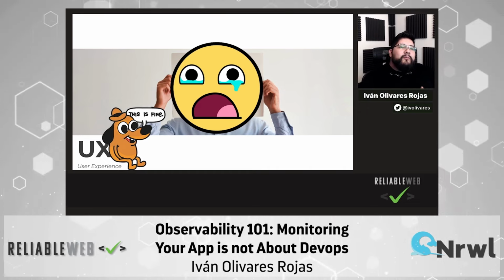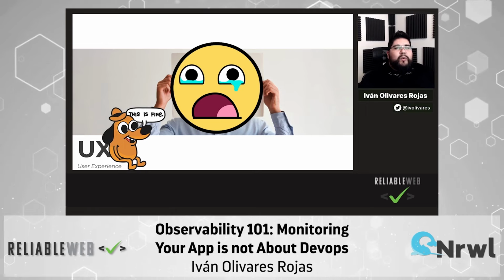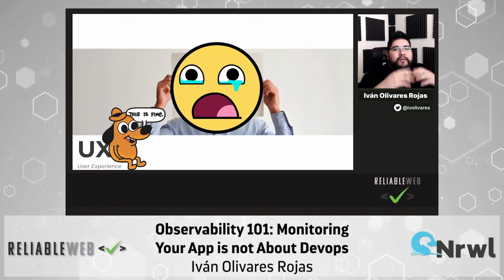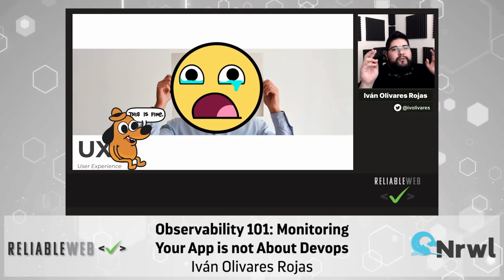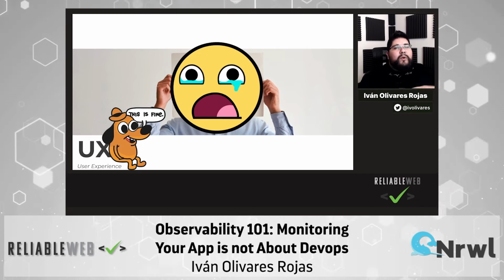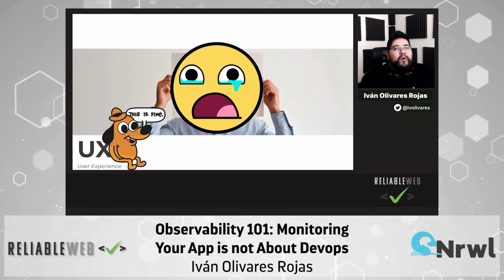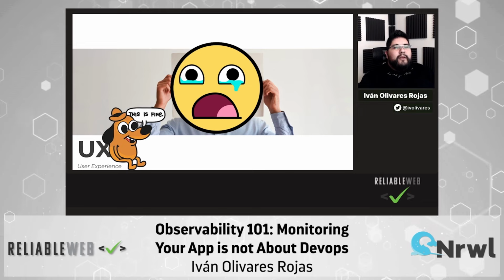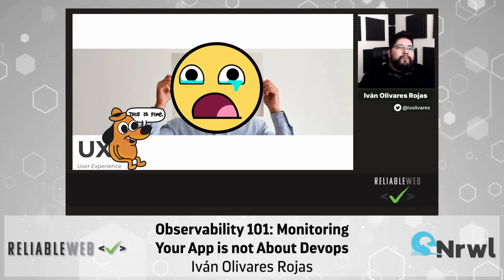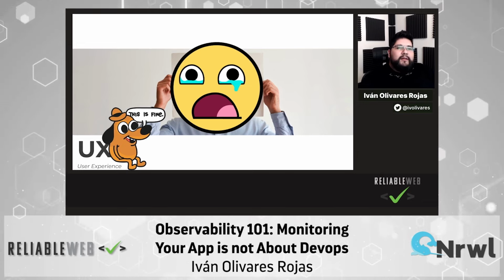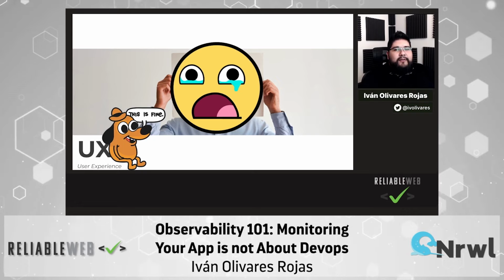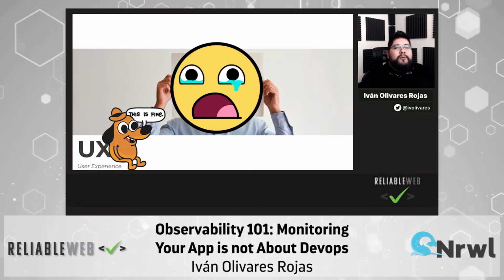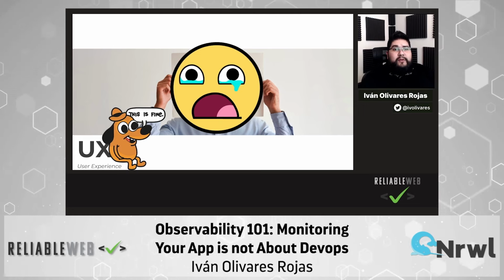Now, if we embrace the DevOps culture, we will stop feeling not part of monitoring just because we develop features, and we will start understanding better what is happening or what has changed. So, with this in mind, let's dig a little deeper, talking about the base element of observability, the telemetry.